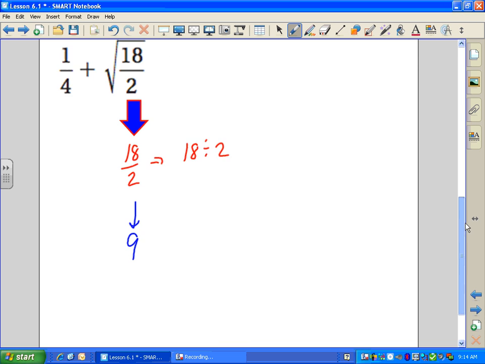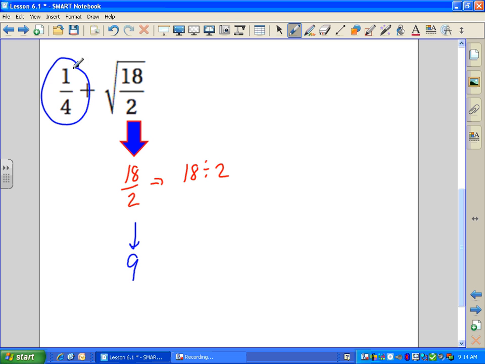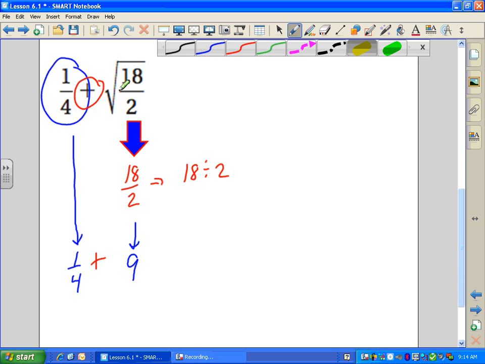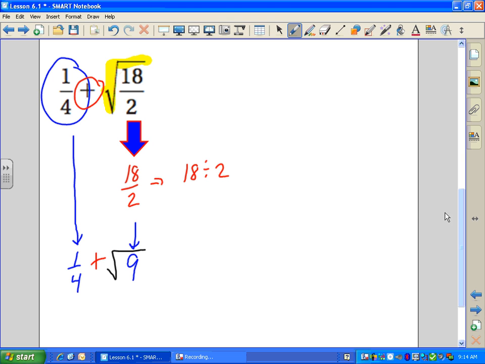Now, when I come back, I have 1/4 plus, don't forget your square root sign or your radical. Nice vocabulary, plus 10. I have absolutely no idea how many points I have, but maybe you're keeping track because, believe it or not, I'm actually not keeping track this time. First time for everything. So now I have the square root of 9.